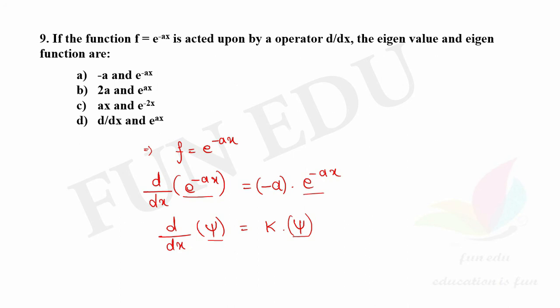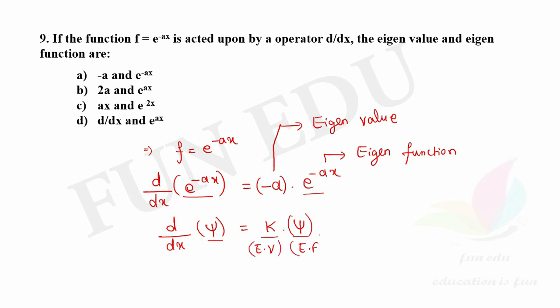So they are called eigenfunctions. And the constant of differentiation whatever you are having, that is the eigenvalue. This is the eigenvalue, similar to k. This is the eigenvalue, and this is the eigenfunction.